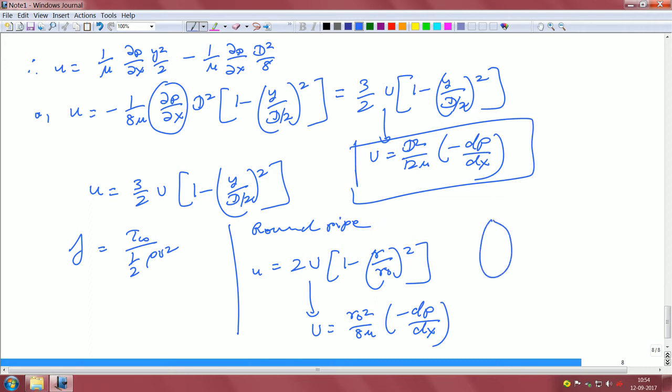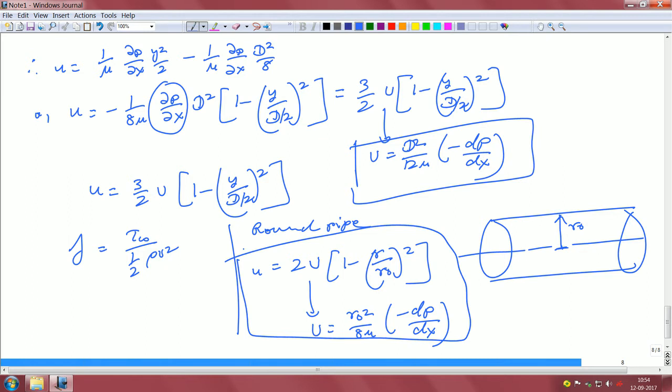So, it is a round pipe like this, and r naught is the radius of the pipe, right. So, it is a very similar expression, okay. This time you have to take care of it by using polar coordinates in this particular case, right.